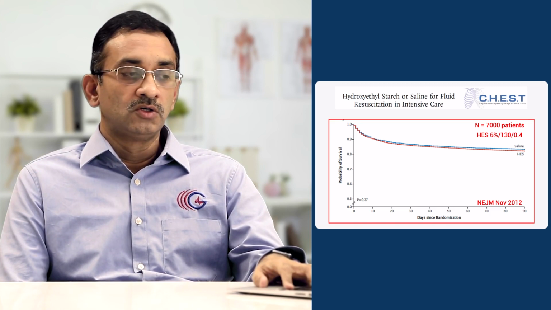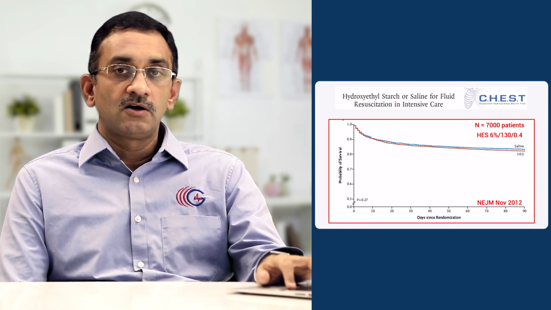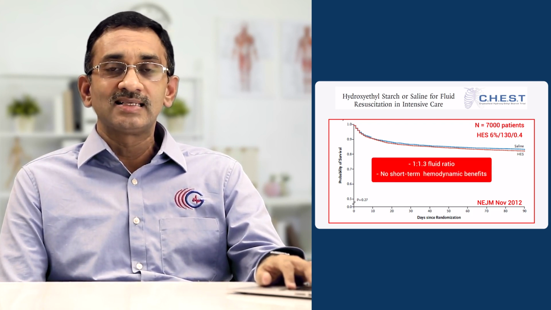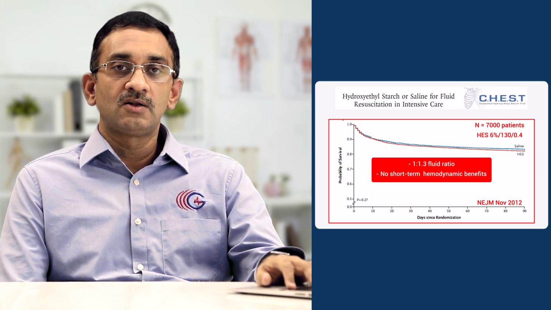However, they did show that renal events with AKI and RRT are worse. They also showed that the fluid ratio was again 1:1.3. So it looks like in sepsis, the ratio of crystalloids to colloid is actually 1:1.3 rather than the traditional 3 that we have been talked about.